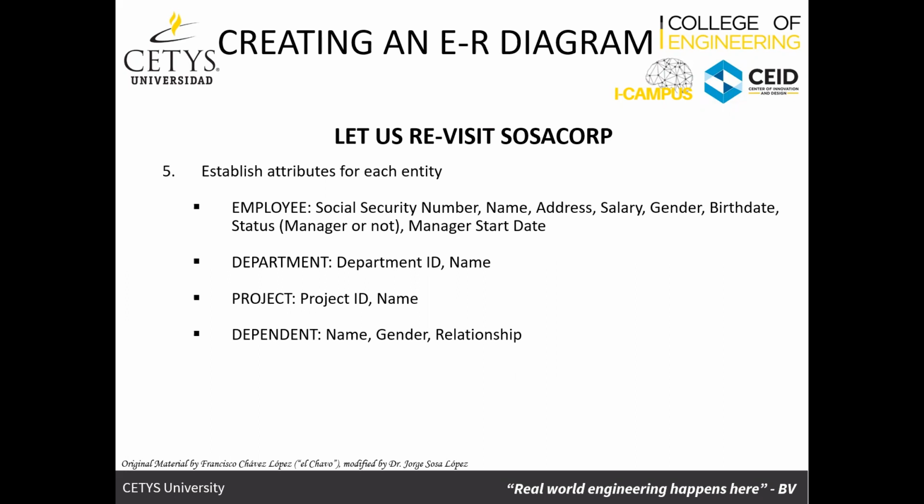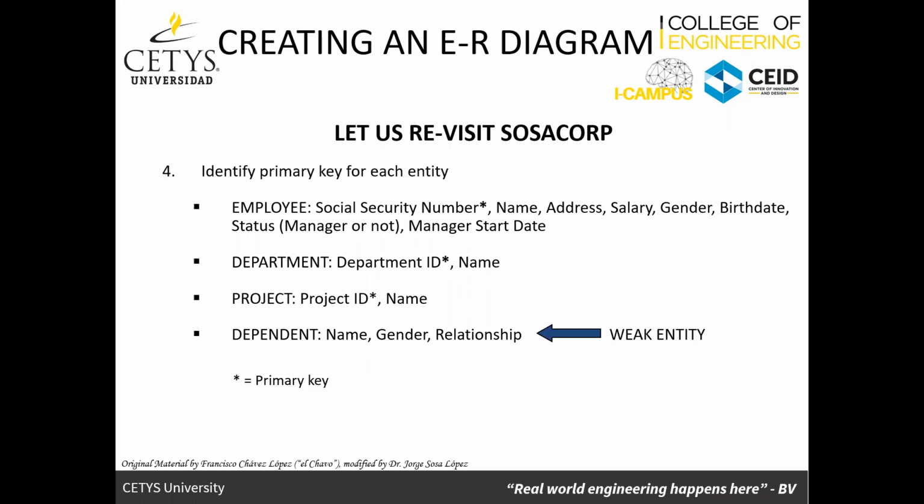So we identified the attributes and we identified the primary keys and the weak entities. Can somebody tell me, of these attributes that we defined, the way we defined them here, what are we going to need to change once we think about the relational model and the implementation?